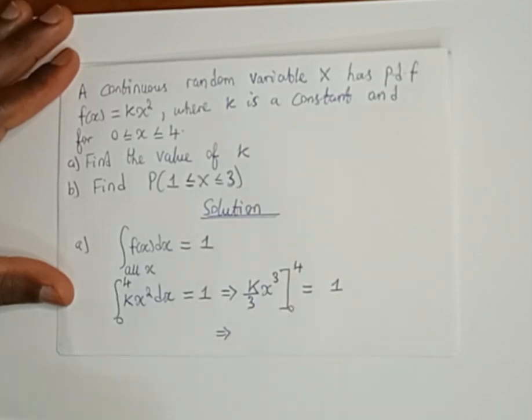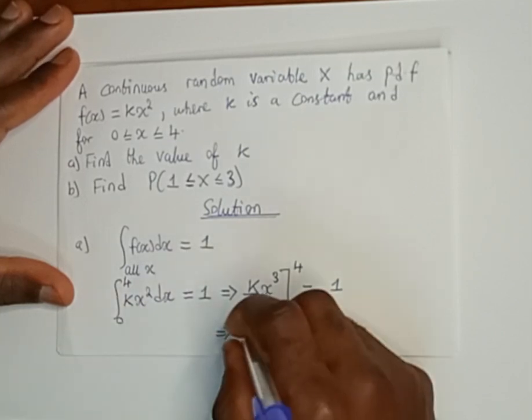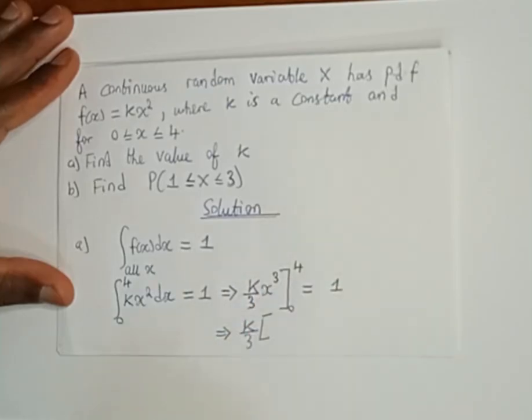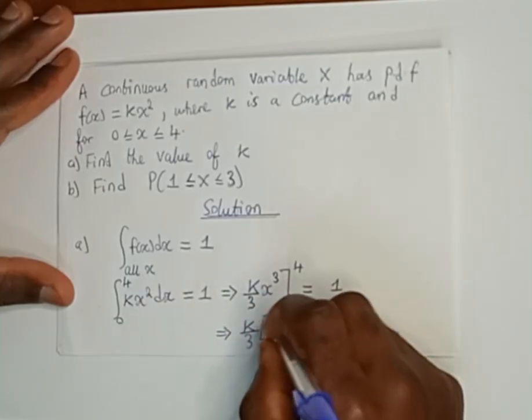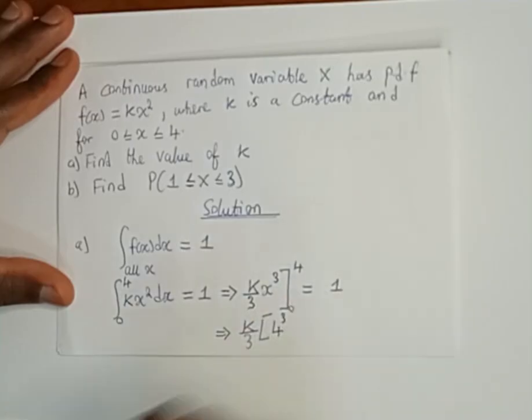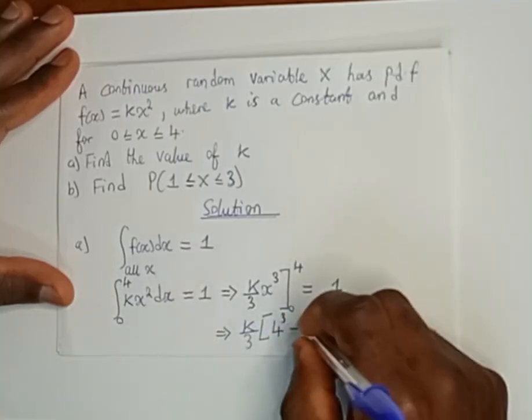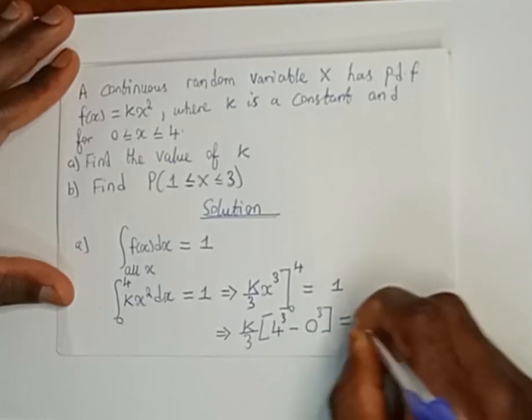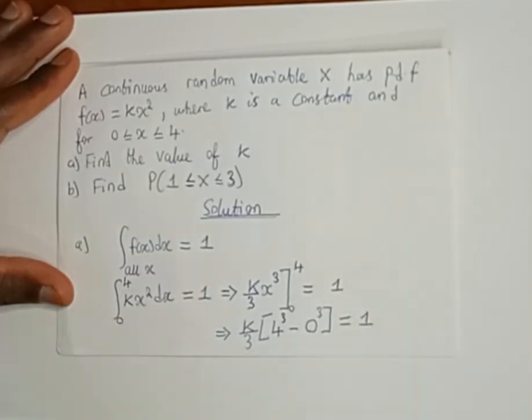Then inserting the limits of integration, this will give us k on 3, brackets open, we insert the upper limit, which is 4 cube, minus the lower limit, which is 0 cube, and all this will be equal to 1.